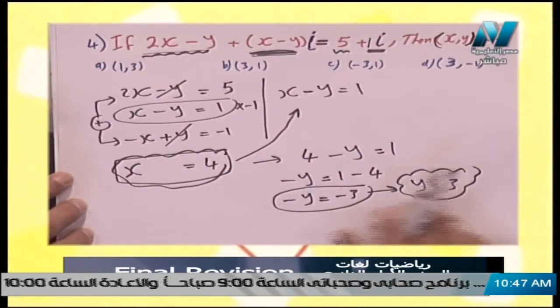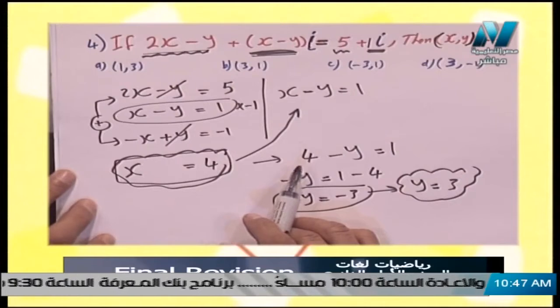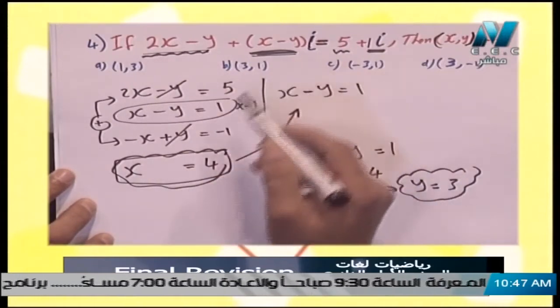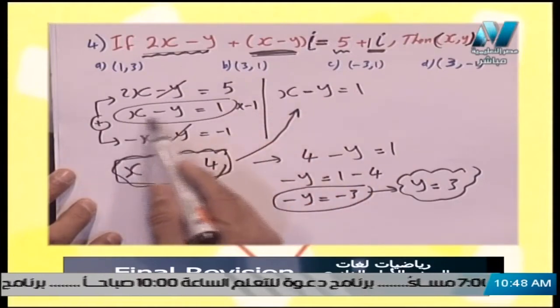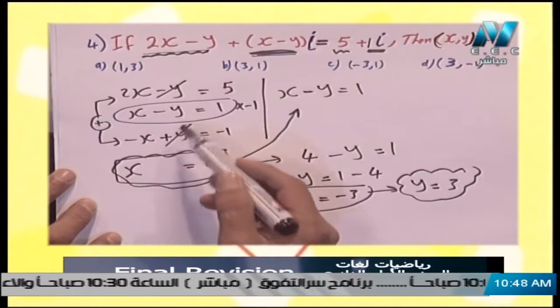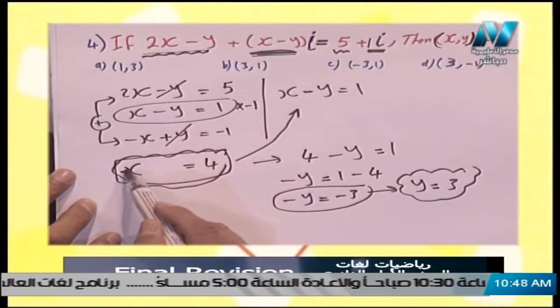Okay, something is wrong here. We can revise again. We have 2x minus y equals 5 and x minus y equals 1. Okay, by multiplying this by negative, negative x plus y equals negative 1, by adding, here 2x minus x equals negative x.